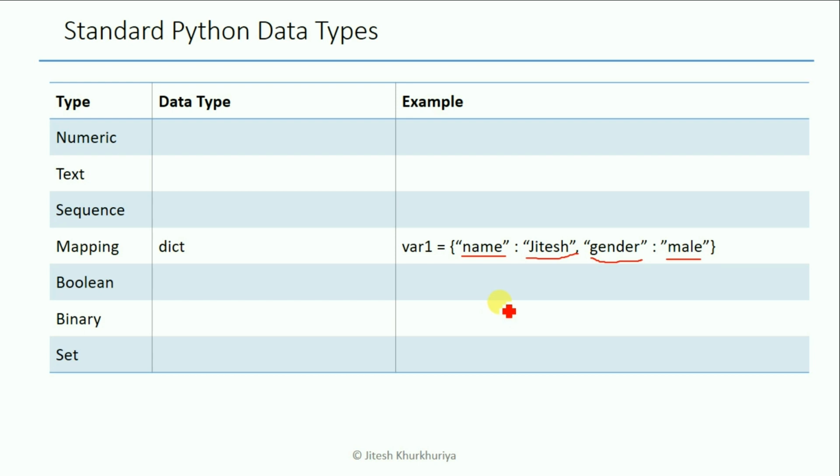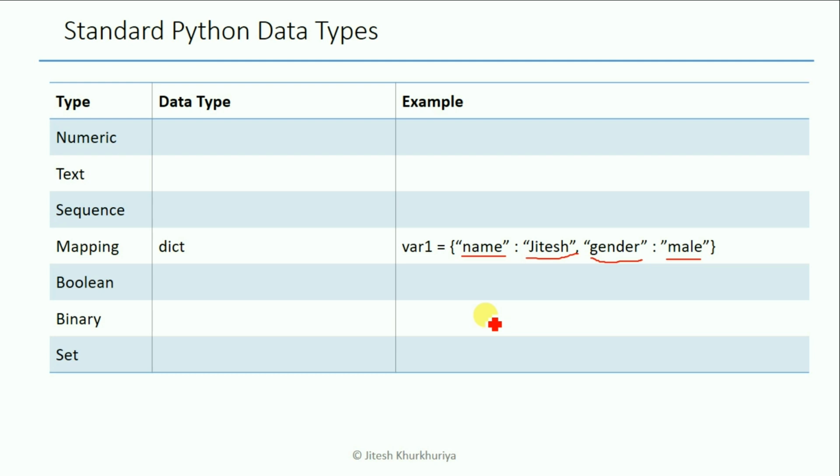For now, as I mentioned earlier, this is just an overview of the data types. They are very, very important, and we will surely go through each of them in much more detail, along with various methods and functions that we can apply on them.